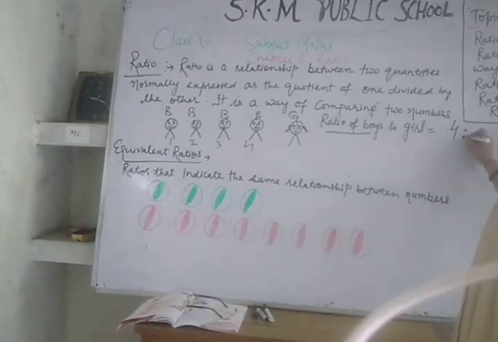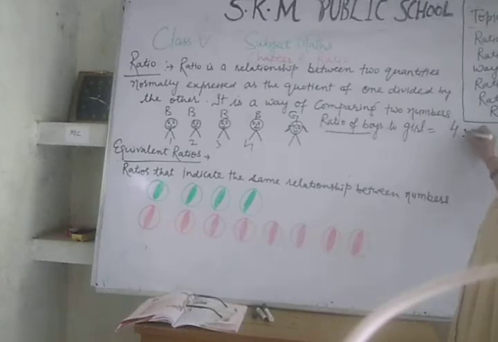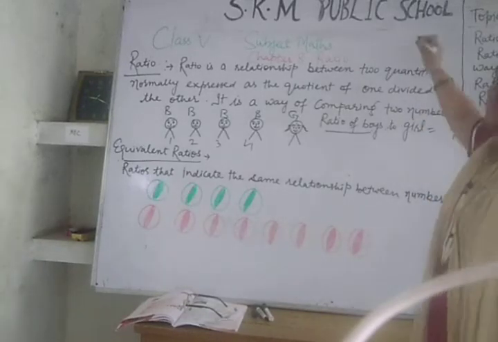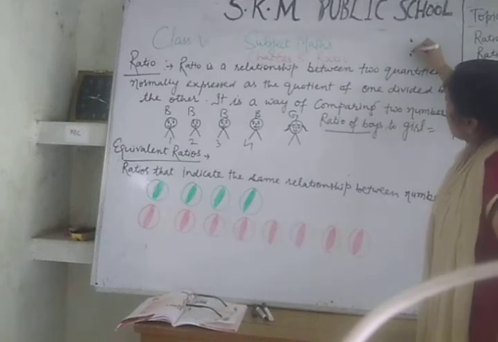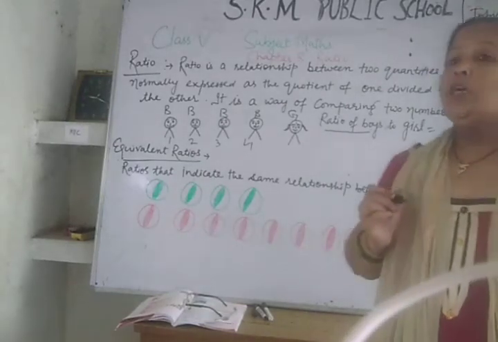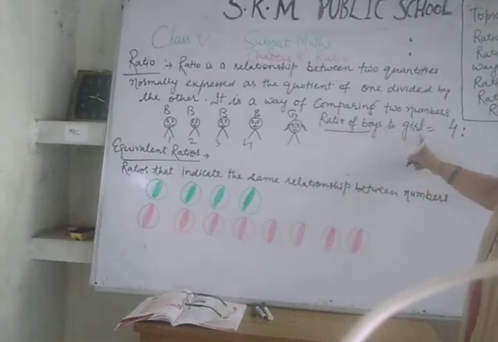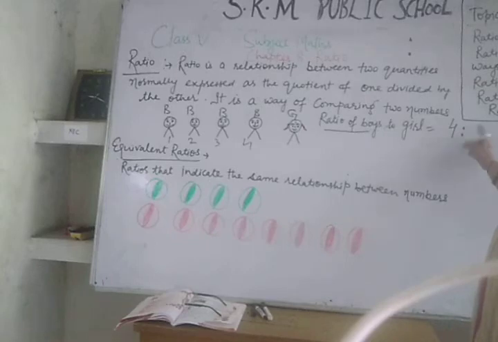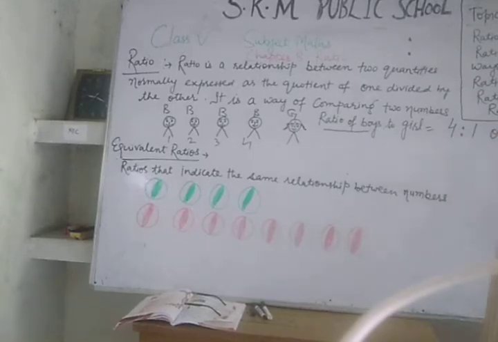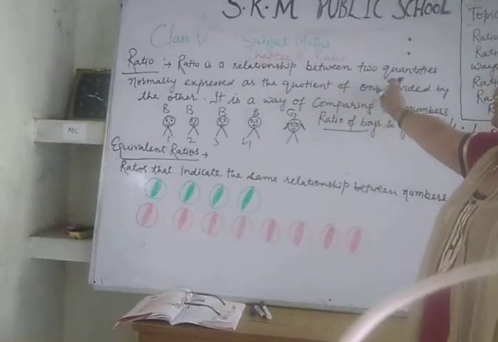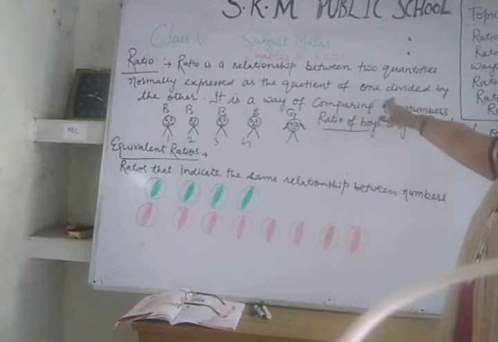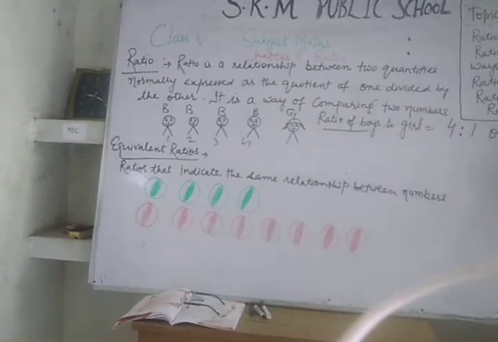4:1. This sign is called a colon, and this colon sign, these two dots, is the symbol for ratio. This colon sign is used to indicate ratio. So the ratio of boys to girls is 4:1 or 4/1. Similarly, ratio is a relationship between two quantities normally expressed as the quotient of one divided by the other.